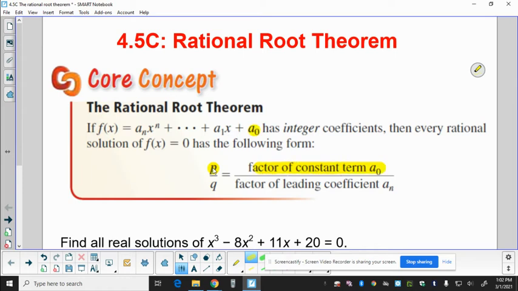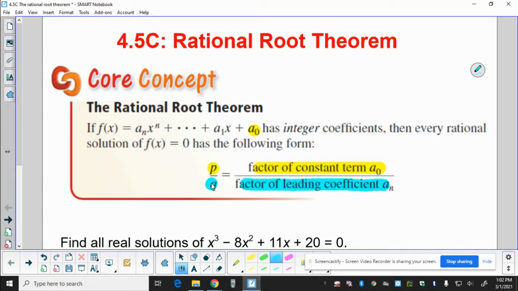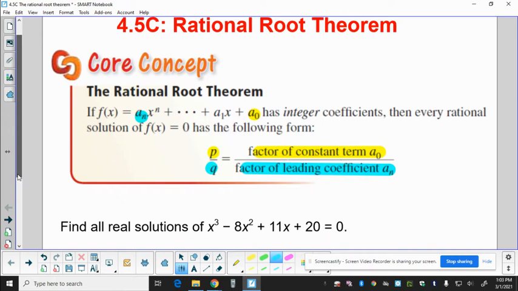So that will be the constant term that you see at the end of the expression. And that's going to be written as a ratio to Q, which is the factor of the leading coefficient expressed right here with that notation A sub n. Okay? So let's go ahead and do a problem, and I'll explain it as we go.